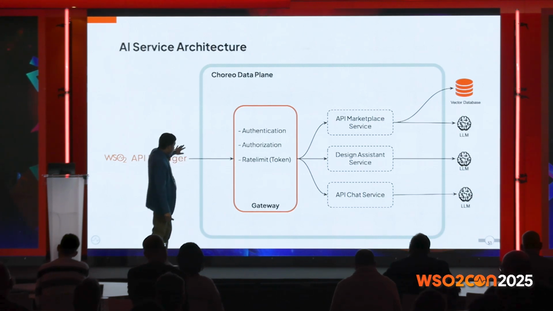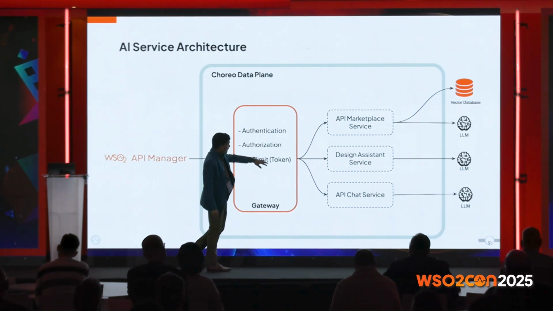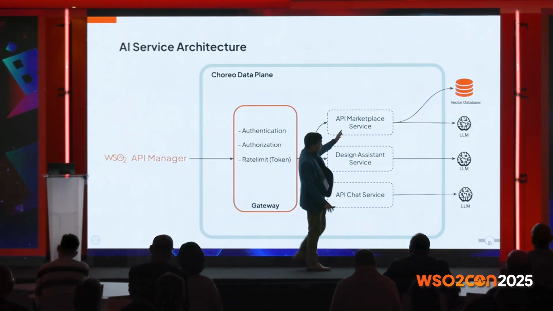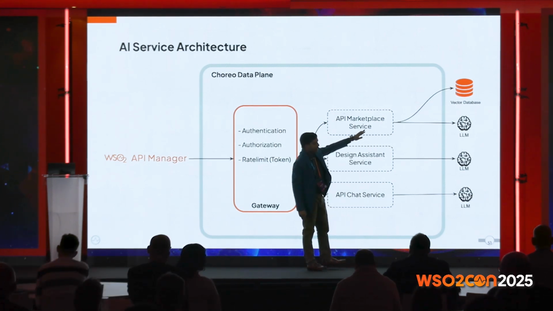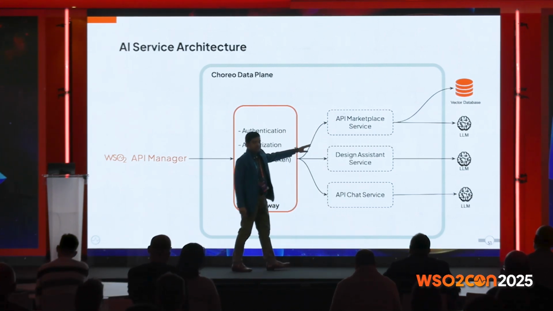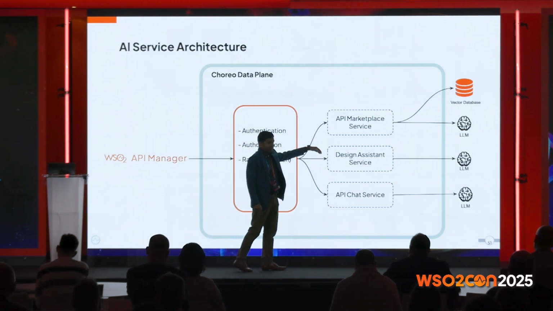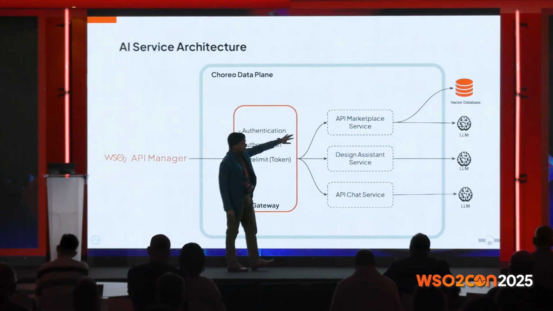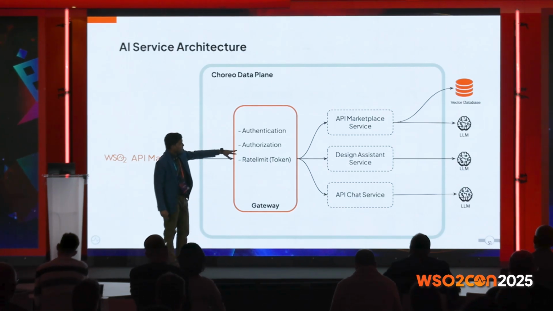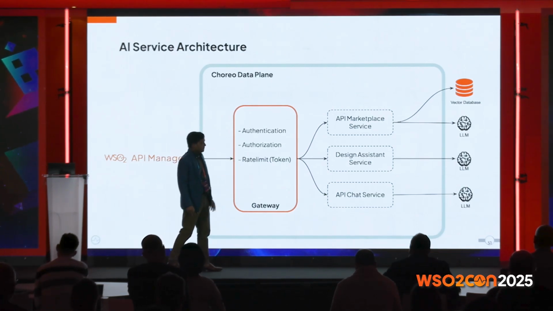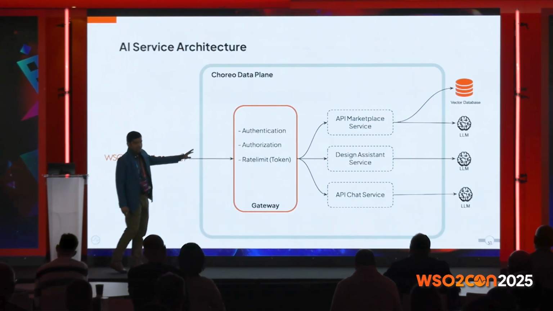These are deployed in Choreo. For example, this marketplace service connects to an LLM, and also has a vector database connection where it stores some of the API definitions and whatever required information it needs. All these other services connect to LLMs as well.